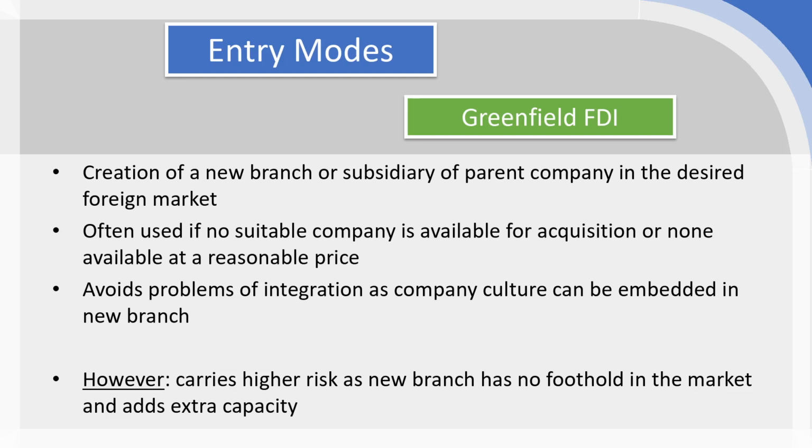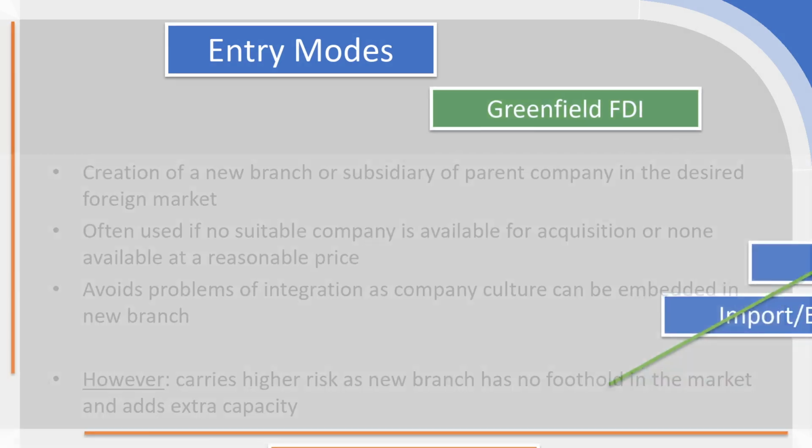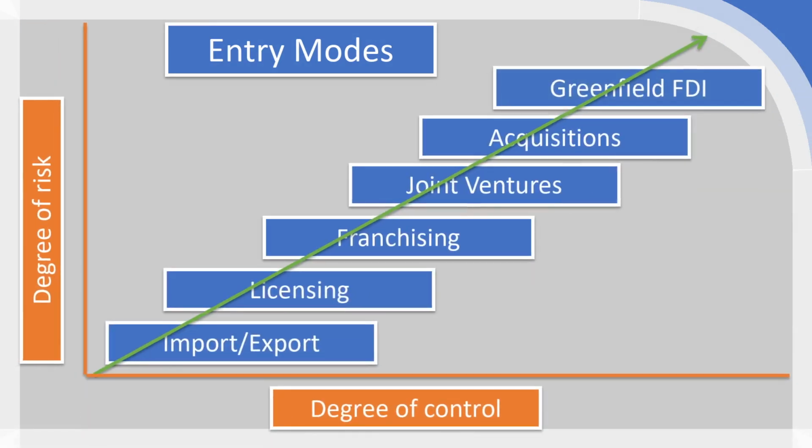You're not going to have to try and combine, merge, or integrate different brands. You can leverage your global brand depending on the type of internationalization strategy that you're following. And you can really exert maximum control over how you operate in that country. But as ever, with maximum control, you are also dealing with maximum risk as well.